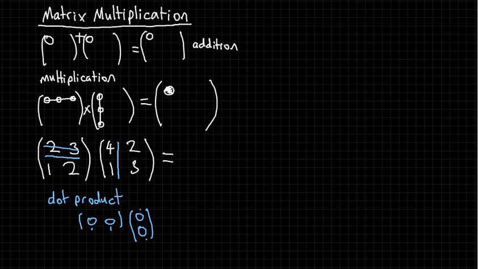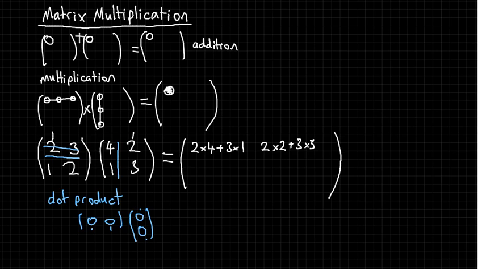So we go 2 times 4, we add that to 3 times 1, and that gives us our first entry. Okay, now we get this row here and we dive it down into the second column. So we go 2 times 2 plus 3 times 3.